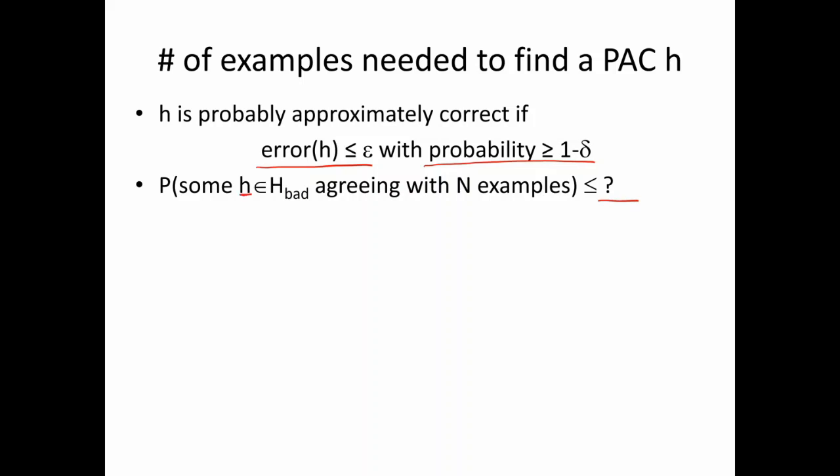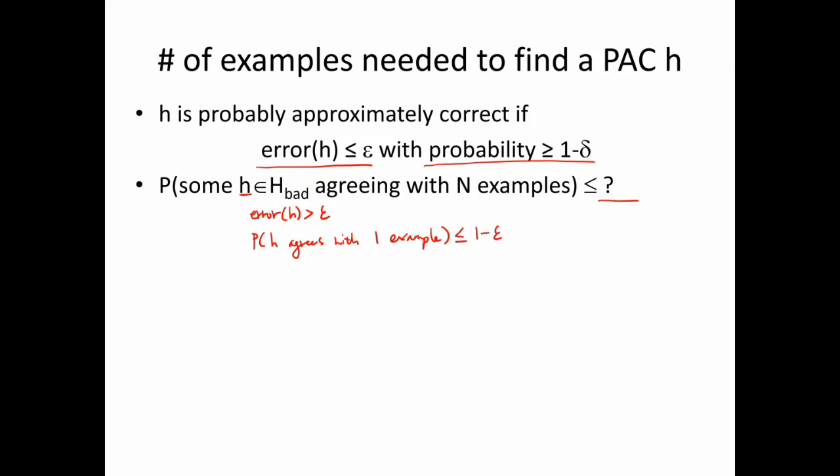Well, first of all, the error of H is greater than epsilon, because we're assuming that H is a bad hypothesis. So then the probability that H agrees with one example is less than or equal to 1 minus epsilon.